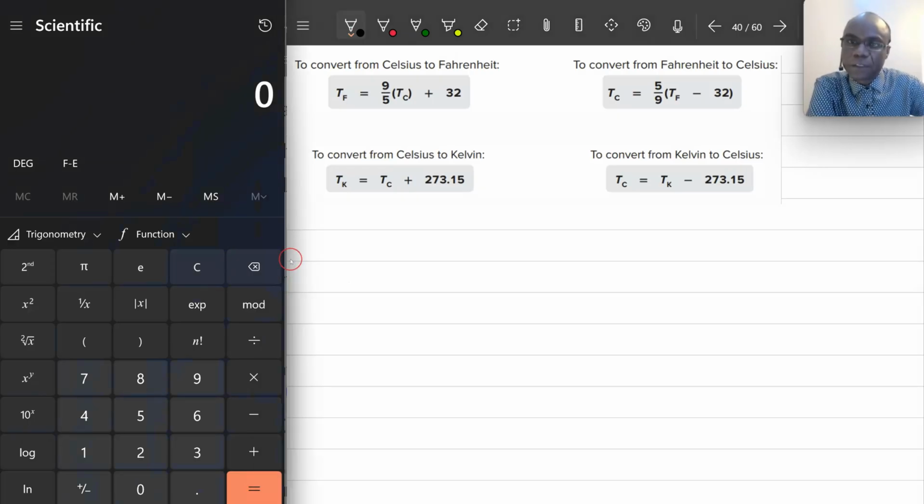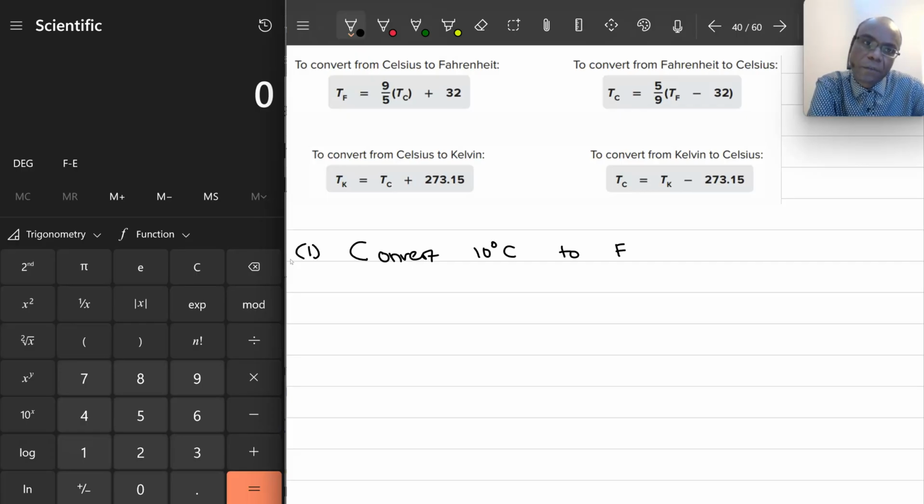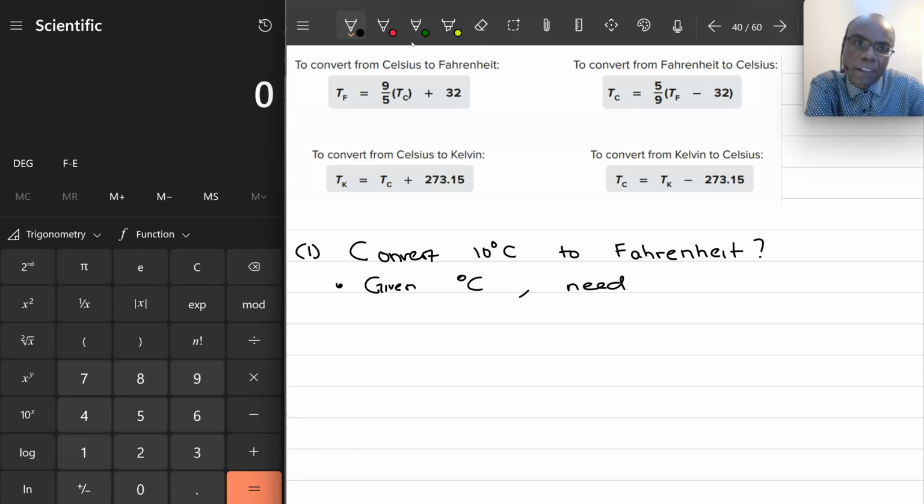So the first question that I want us to tackle, let's convert 10 degrees Celsius to Fahrenheit. So I see that I'm given degrees Celsius. I see that I need the degree Fahrenheit.